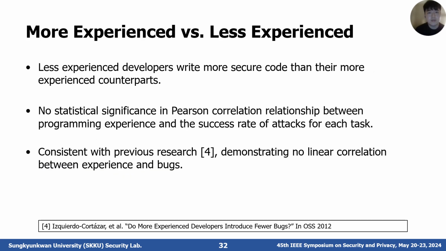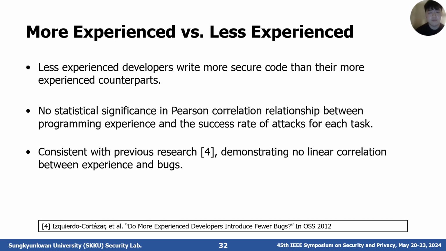To analyze the impact of developer experience on writing secure code, we analyze the correlation between programming experience and success rate of attacks. Contrary to our expectations, less experienced developers tend to produce more secure code than their more experienced counterparts.